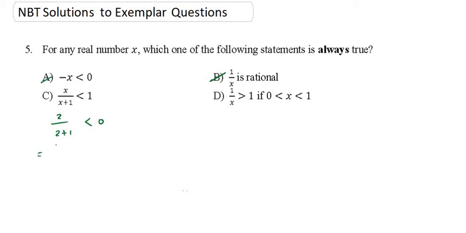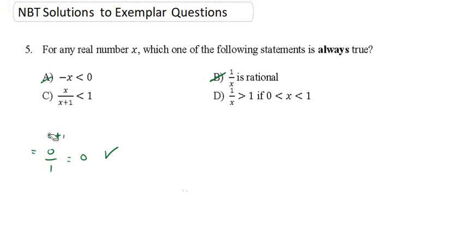So 2 over 3, which is a fraction less than 1. Yes, it works if I have the number 2 in there. What if I have the number 0? It becomes 0 over 1. Is 0 over 1 undefined? No, 0 over 1 is just 0. Is 0 less than 1? Yes, it is. So it does work for 0.